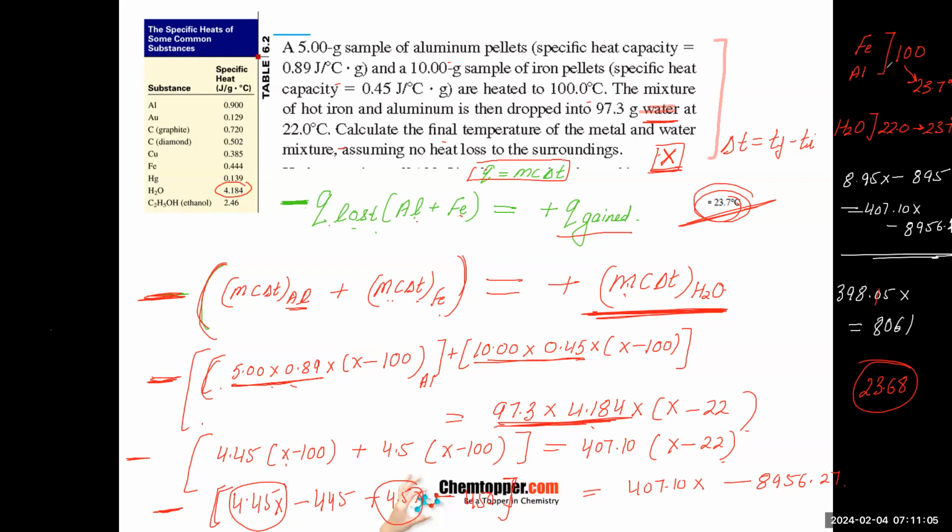So there is a very high drop in the temperature of iron and aluminum, but there is a very slight rise in the temperature of water. Why? Because of the difference in the specific heat capacities. Iron and aluminum have very low specific heat capacity. So with a small amount of heat flowing, there is more drop in temperature because specific heat capacity is very small.